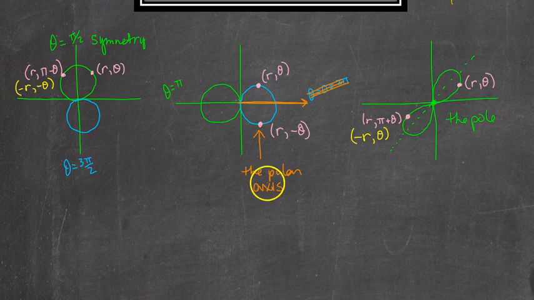And in the case of symmetry about the polar axis, oh, I made a mistake. I already gave you the wrong one, the other one. Hang on, I hope I didn't confuse you on that one. So this would be (r, minus theta) if I use the designation of, I have a radius, right?